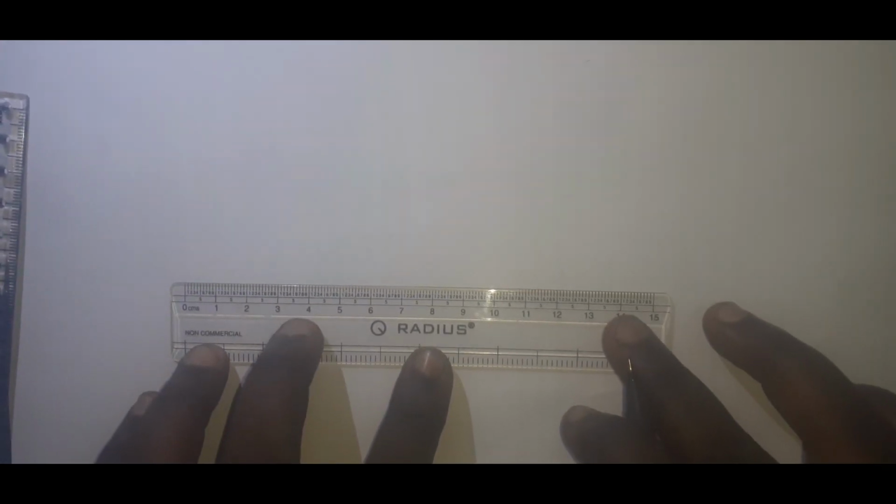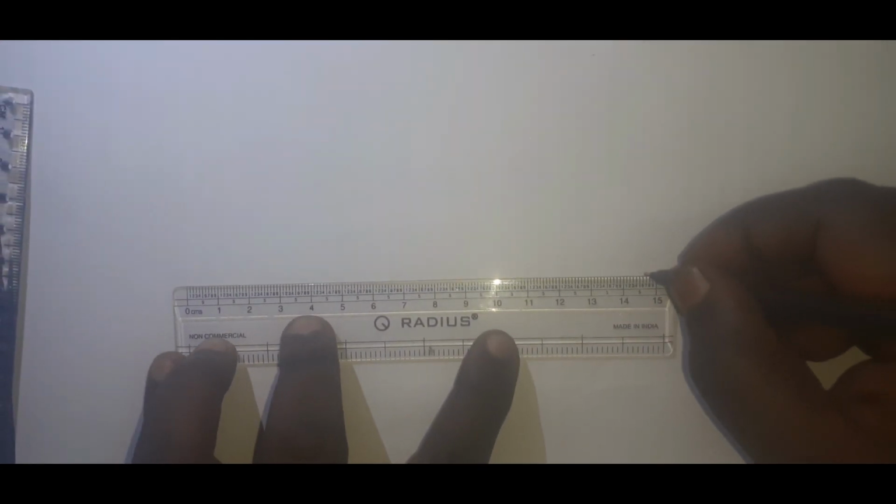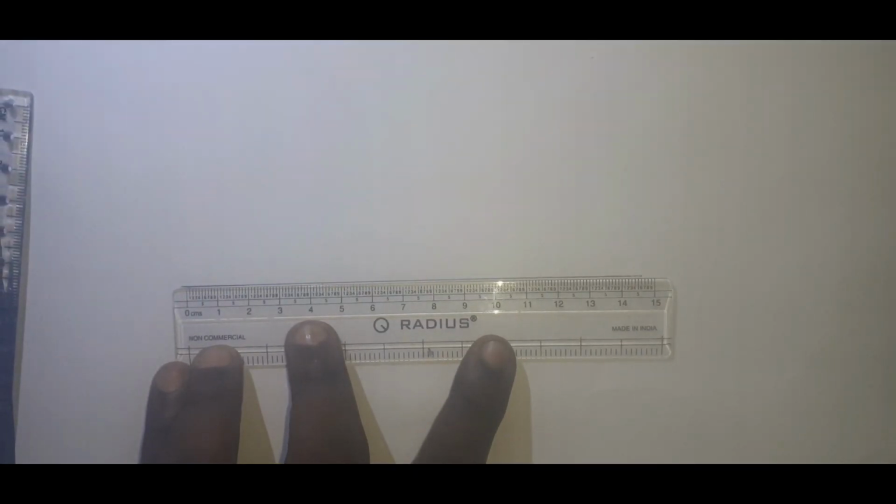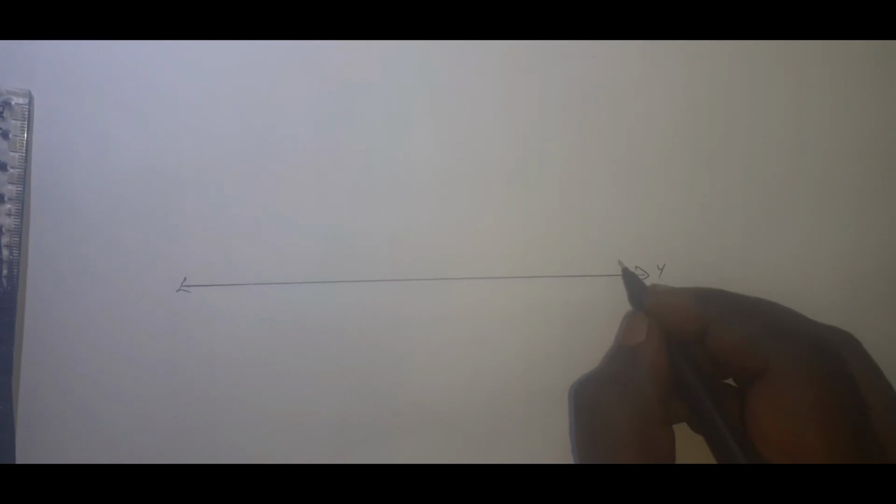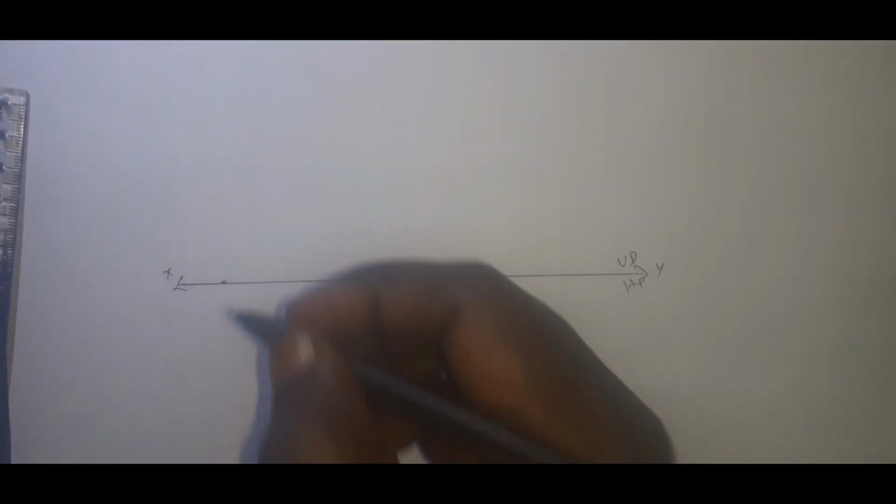First, I already told to draw the XY line. So here we can draw the XY line like this. VP, HP, X, and we can identify the one end.